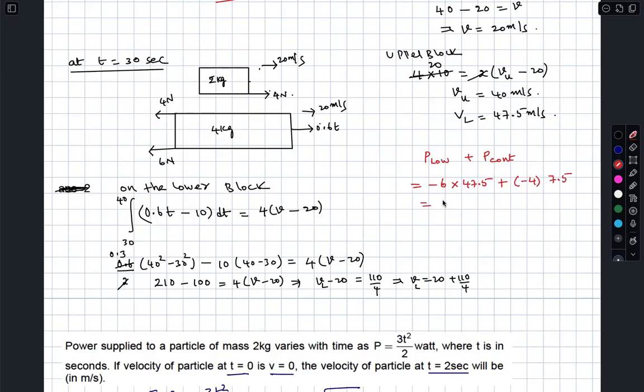What you need to do is the calculation part. 6 times 47.5, this is 285. And 4 times 7.5 is 30.